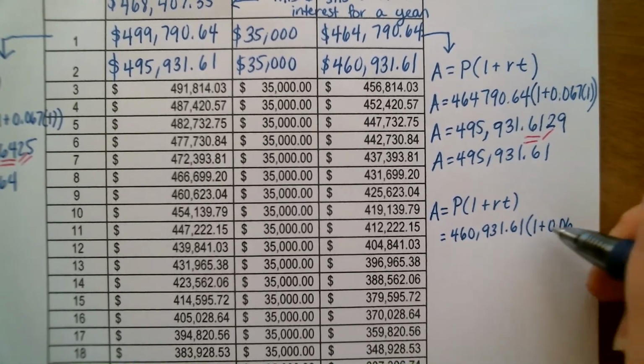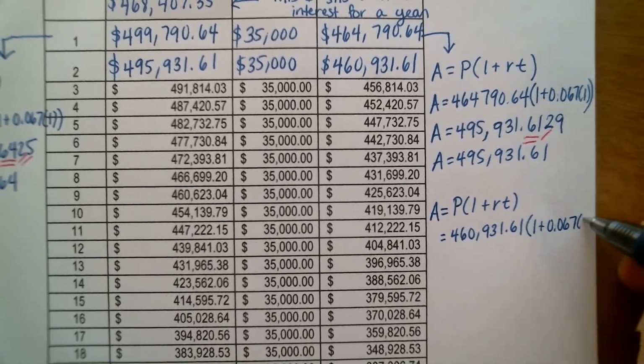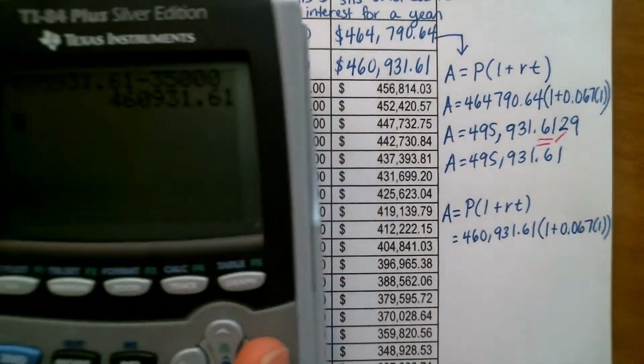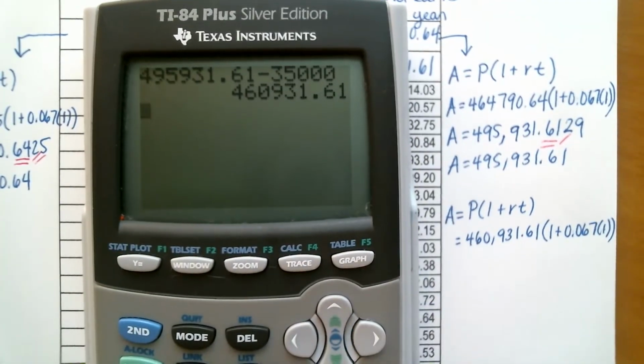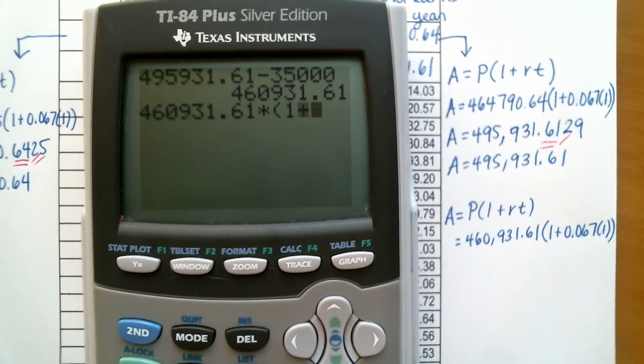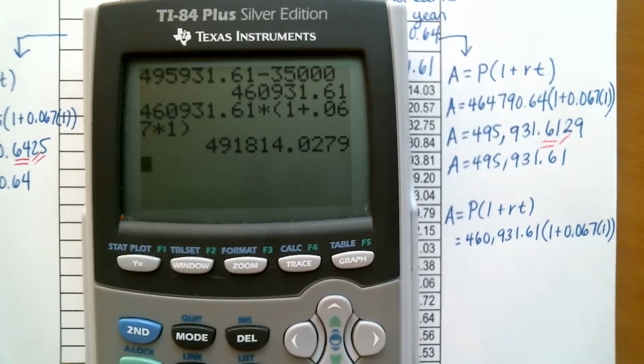So multiply that by 1 plus R times T. Let's do that. Go to your calculator, take this amount, multiply it by parentheses 1 plus R times T. T is 1 year, and that is going to give you this number.